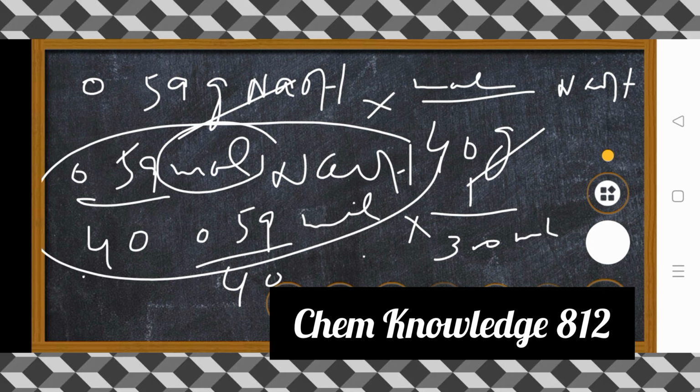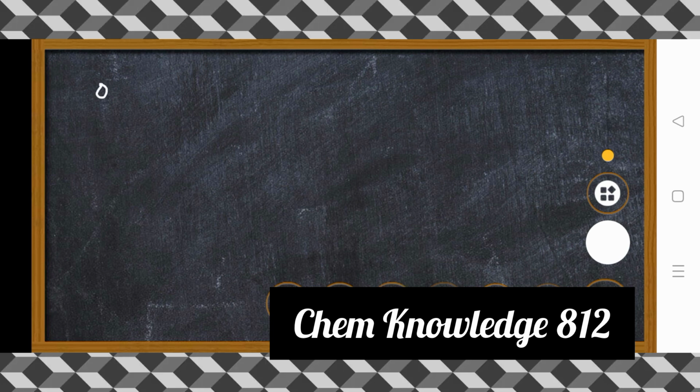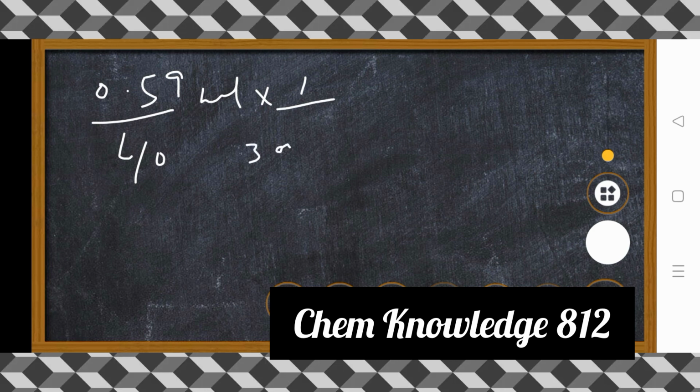So in this case, we will get the unit mole per ml, and we need mole per liter. So we will simply multiply with 1000 as in the previous example, giving 0.59 divided by 40 mole into 1 divided by 300 ml.